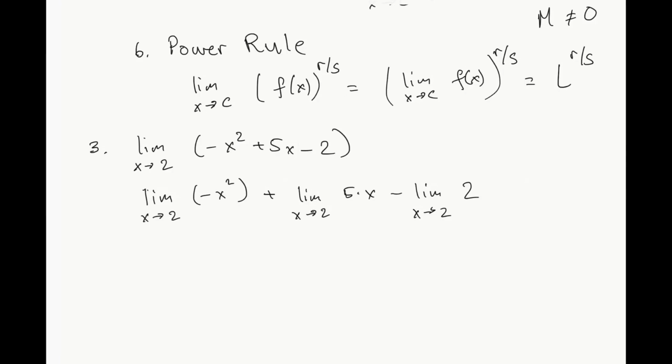Okay, so for the first term, we can view it as minus 1 times x squared. So we have the constant multiple rule. So we have minus 1 times the limit as x goes to 2 of x squared plus, I use the constant multiple rule again, I have here 5 times the limit as x goes to 2 of x.